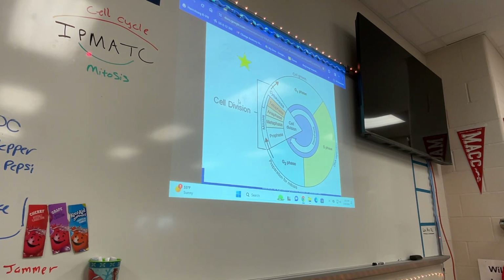Then PMAT is mitosis, because mitosis is just the division of the DNA and the nucleus. That's it. DNA and nucleus is PMAT. Cell cycle is from I to C. PMAT is mitosis.